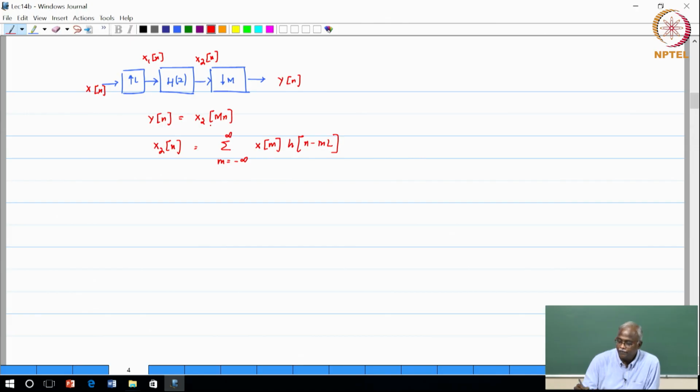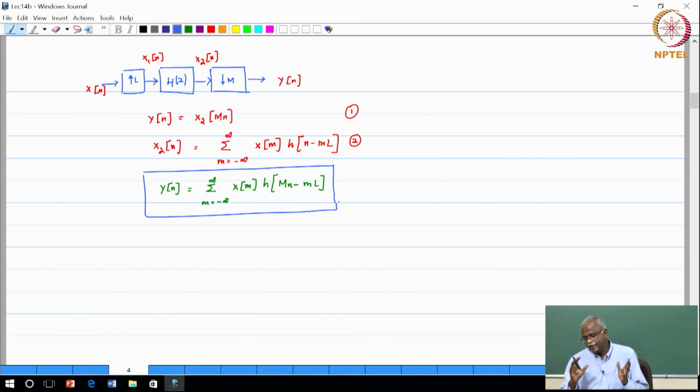So, combining equations 1 and 2, we get the final result, which says y of n also has a very nice compact expression: the summation m equal to minus infinity to infinity of x of m, no change, it does not have the variable n, h of, wherever there is n, I write Mn, so h of Mn minus mL, and this is the final result.